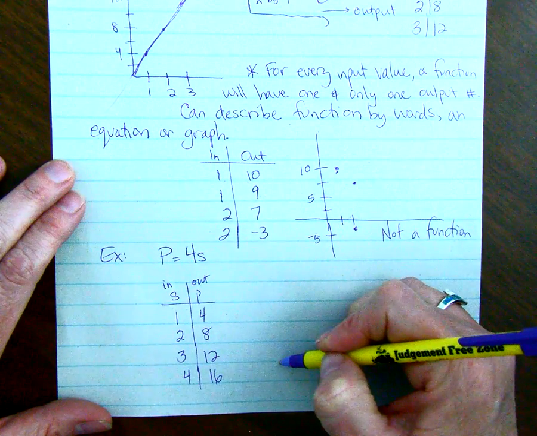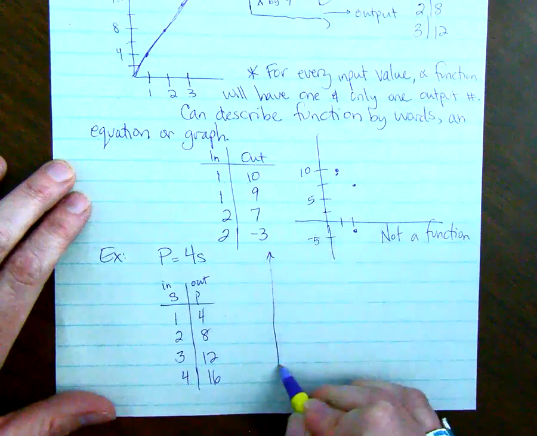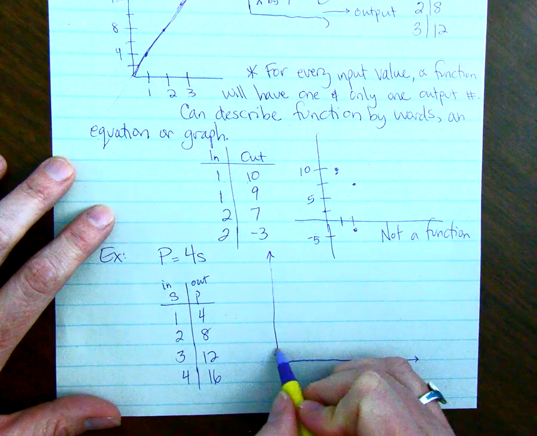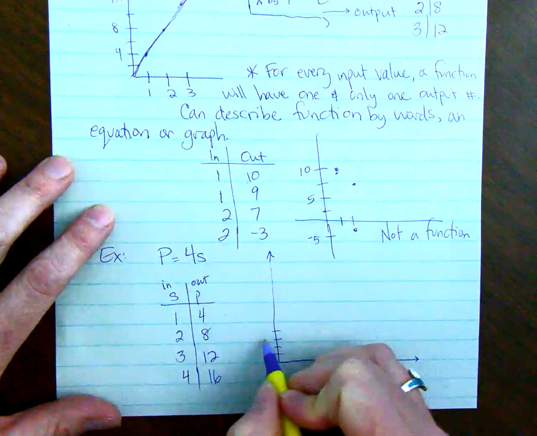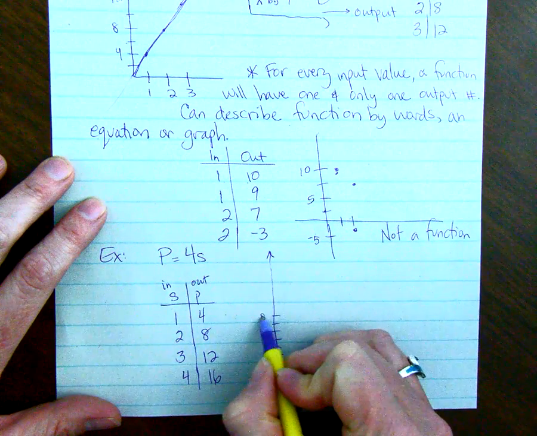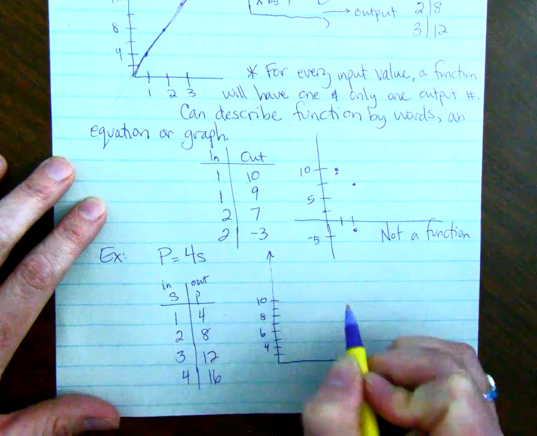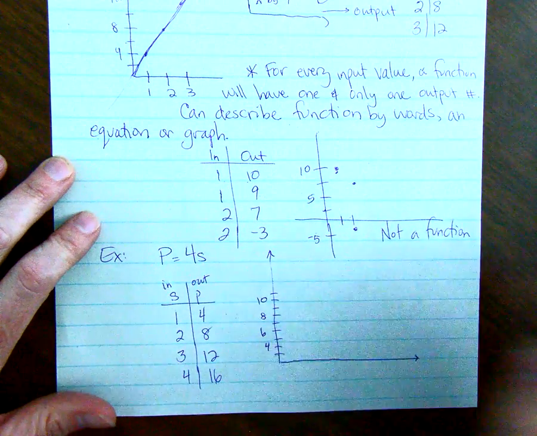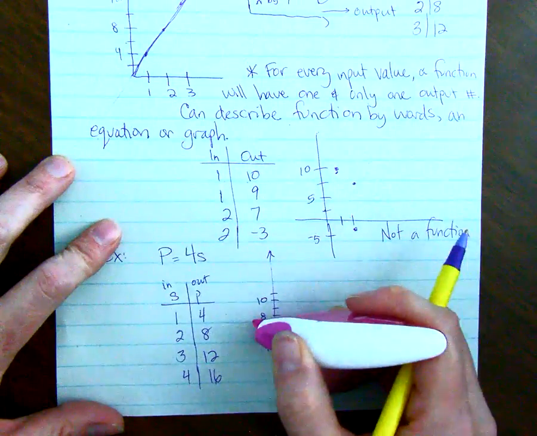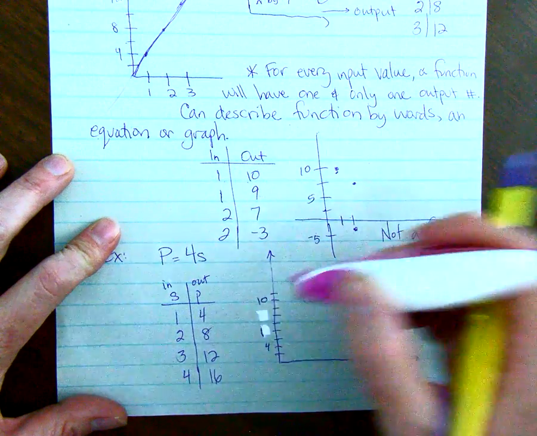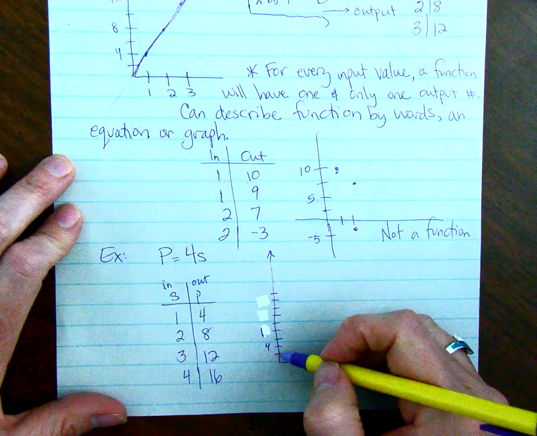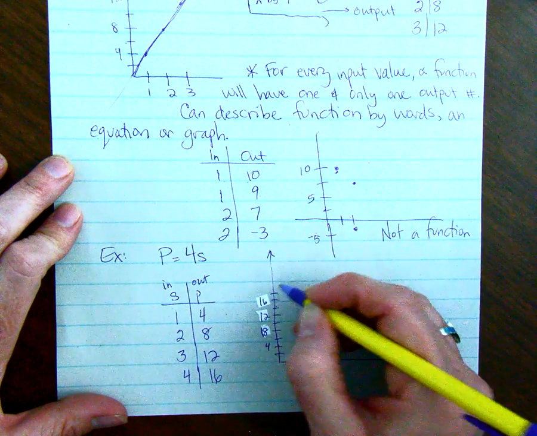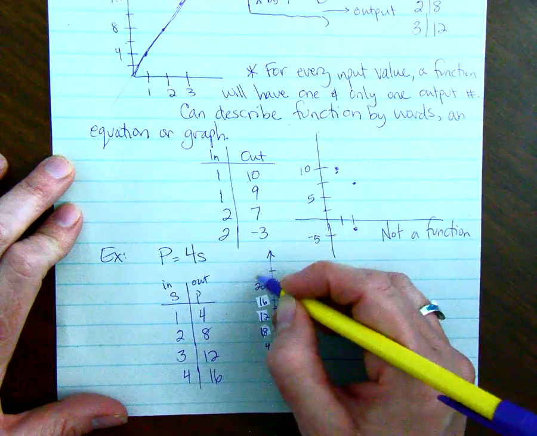Now, in a square, we cannot have a negative side length, so we're only going to have quadrant 1 showing on our coordinate grid. I'm counting by 2, 4, 6, 8, 10, 12, 14, 16, 18, 20, 22, 24.